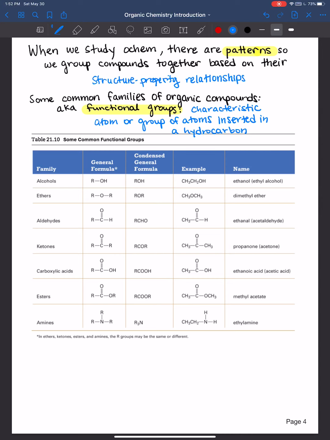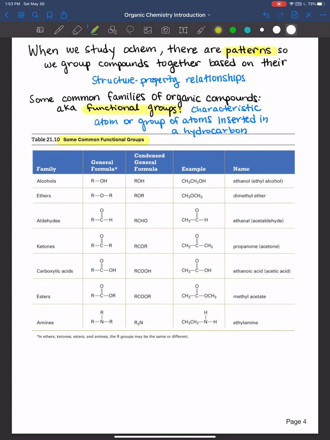So that's the purpose of this particular video, to introduce you to those common patterns, those functional groups. And it's really important that you learn these functional groups in order to learn the language of OChem.